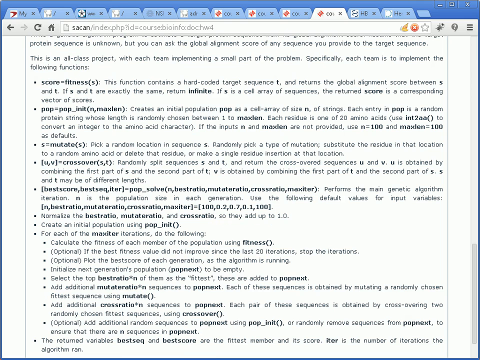And if S is a cell array of sequences, then score will be a vector of their scores when you compare them with the target sequence. So there will be a hidden target sequence, and the fitness function will return the score compared to that target sequence.